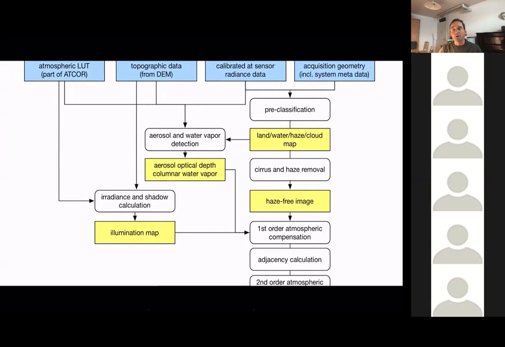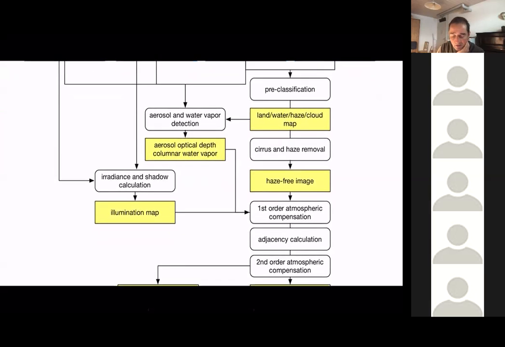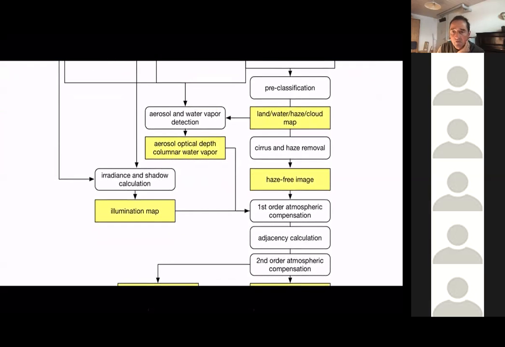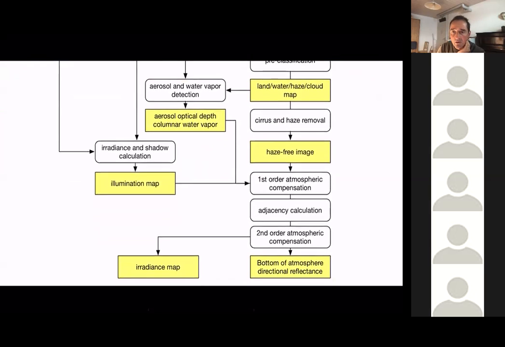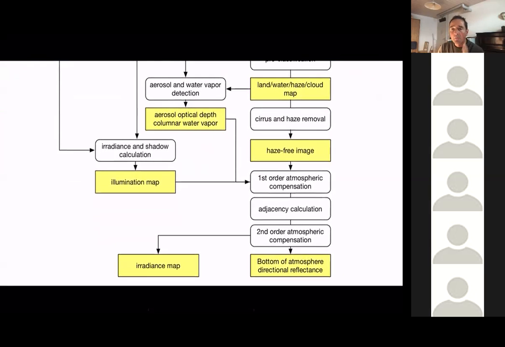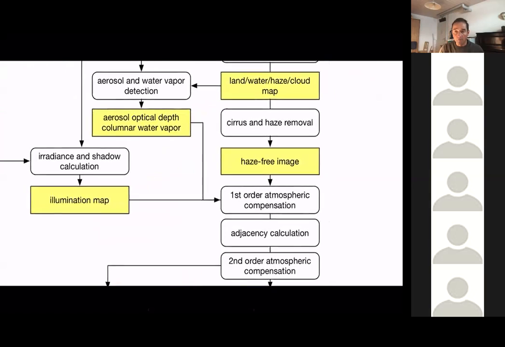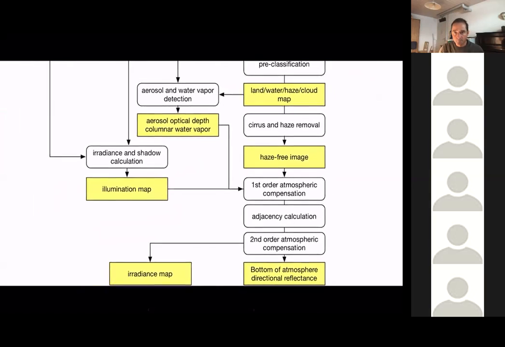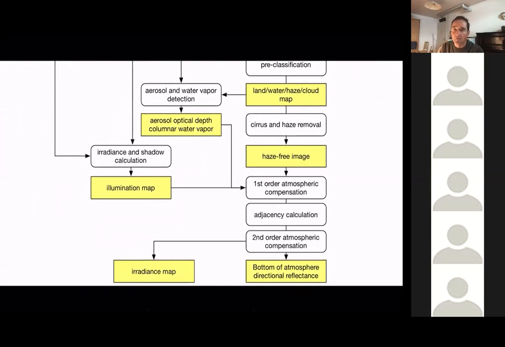So this is a pre-classification done on the raw imagery. And then you do the aerosol and water vapor detection. Also, the cirrus and haze removal is done in a first step, because cirrus and haze removal is done on the statistics of the data. You don't need the calibrated data for that.